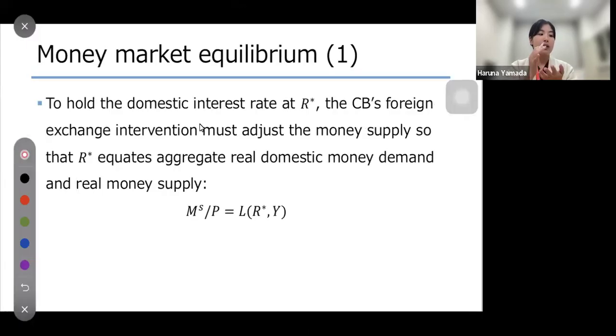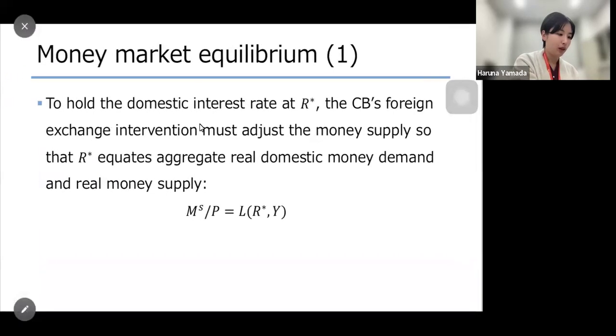To hold the domestic interest rate at R star, the foreign interest rate level, the central bank's foreign exchange intervention must adjust the money supply so that, at R star, the foreign interest rate level, real domestic money demand equals real money supply. That is like here.